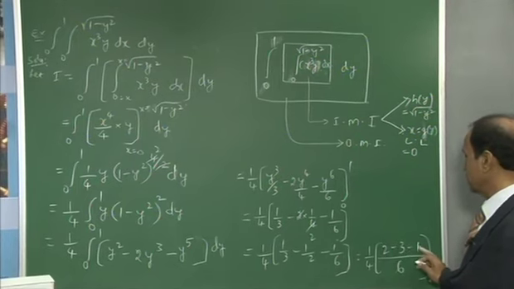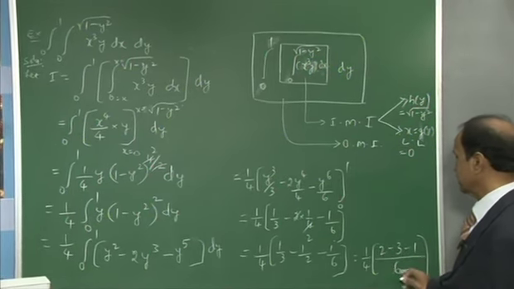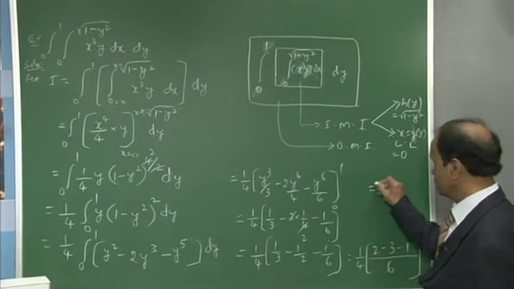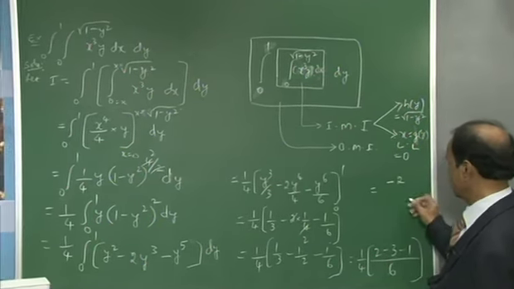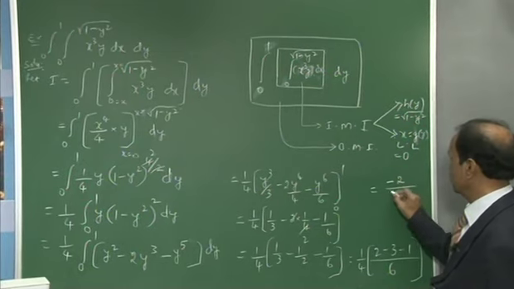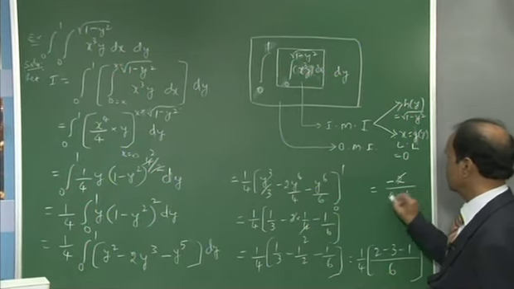Therefore, minus 3 minus 1, 4, and minus 2 by 6. So, this is equal to minus 2 divided by 4 into 6, that is minus 1 by 12 is your answer.